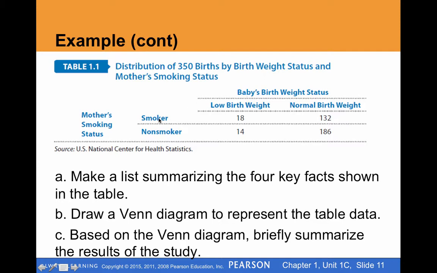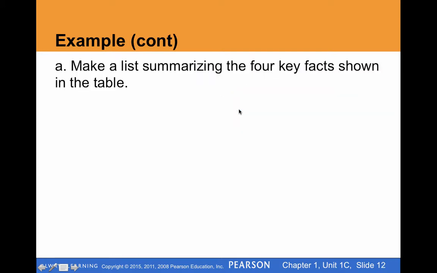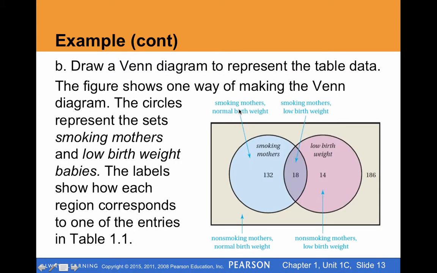Remember, we do not want one circle to be smoker or non-smoker, because then it'll look like 2 separate circles, because you're either a smoker or a non-smoker. Those are disjoint. But there is an intersection between the smokers and the low birth weights, or the smokers and the normal birth weights, so we chose these two as our two circles. So smoking and low birth weight.